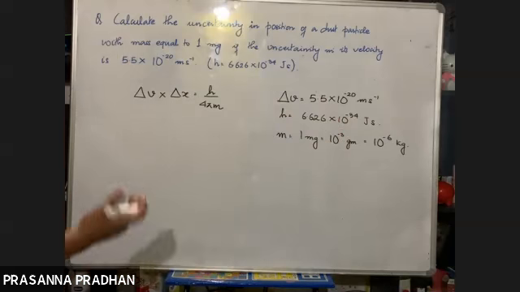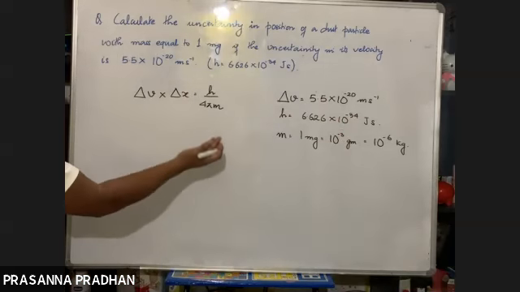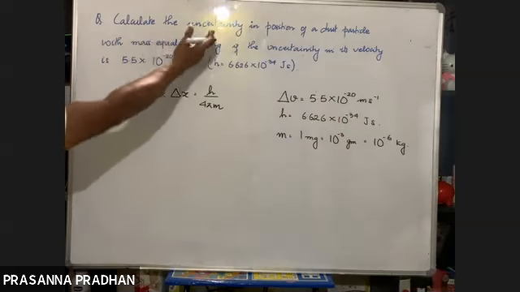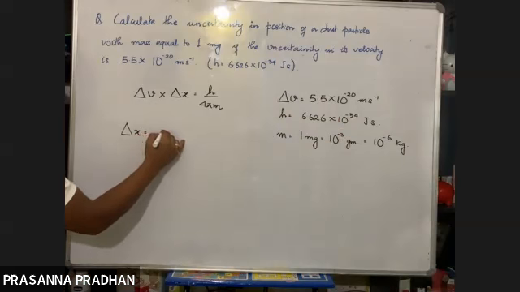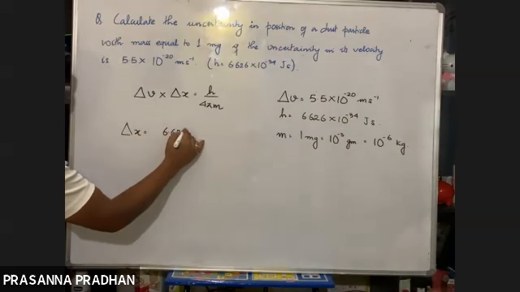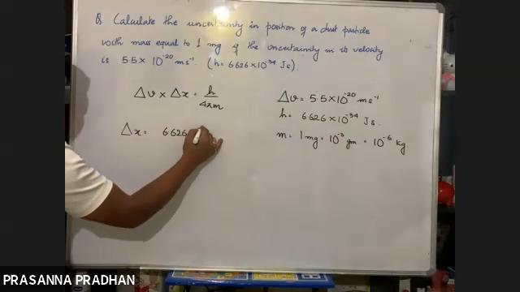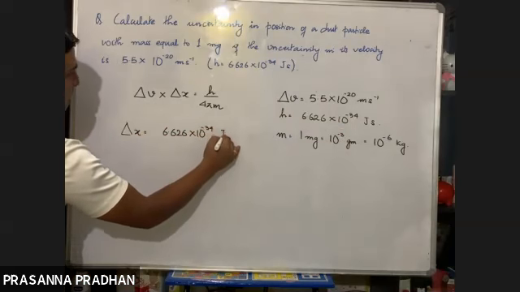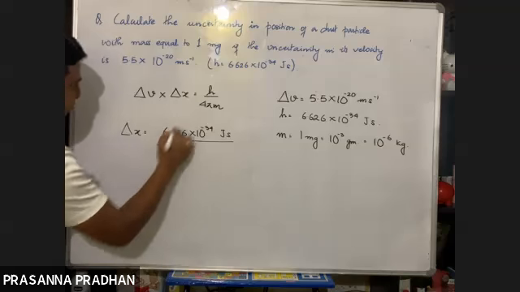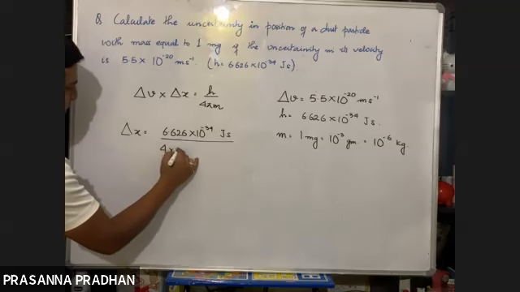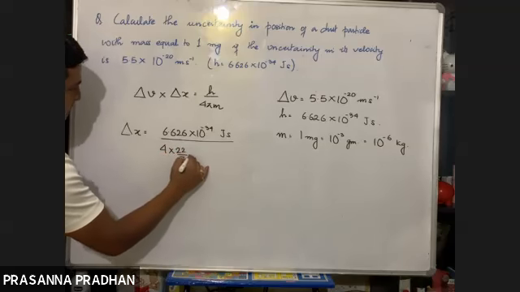And now everything is known. So what are you supposed to calculate? What do we have to calculate? Uncertainty in position. Let us calculate delta x. So delta x equals h, 6.626 into 10 to the power minus 34 joule second. Okay. We have 4. What is the value of pi? 22 by 7.